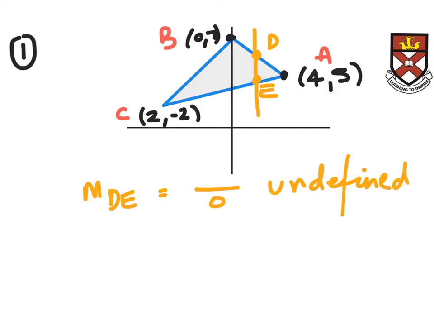If the gradient is undefined, that means the equation of the line is just x equals whatever the x coordinate is for each of these 2 points. These 2 x coordinates here and here should be the same. That'll tell you what x equals.